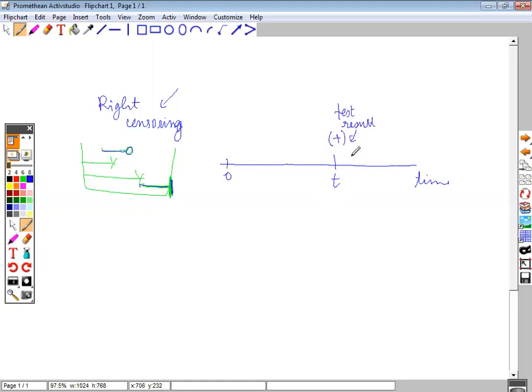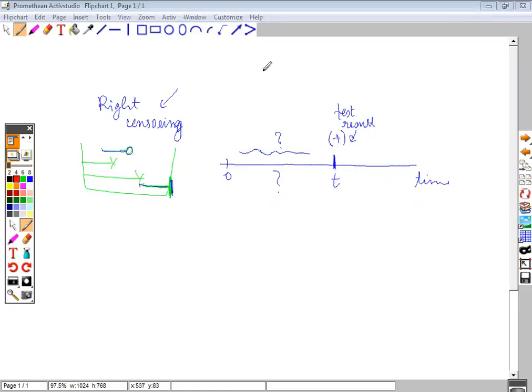So now what you know about this particular person is that at time t, this person had coronavirus, and you can never be sure about when exactly that person caught the virus. You have no idea when exactly that person got the virus, but you only know that at this point in time this person had the virus and tested positive. This is something where you don't know some information to the left of the timeline that we are observing.